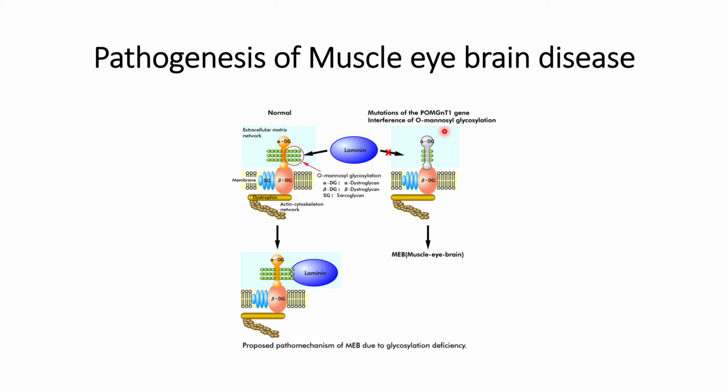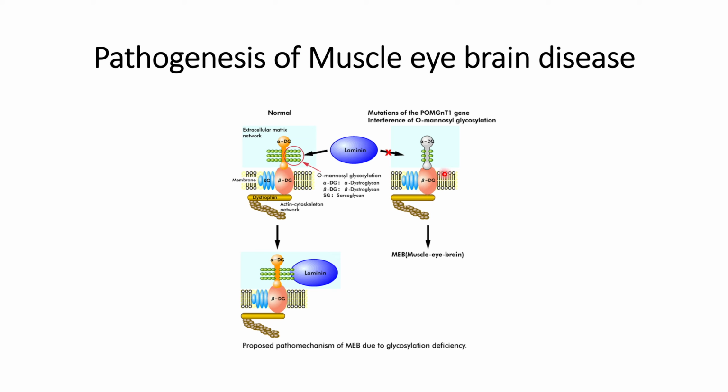So now it has been speculated, and people are working on confirming, whether POMGNT1 is the gene that is responsible for muscle eye brain disease.